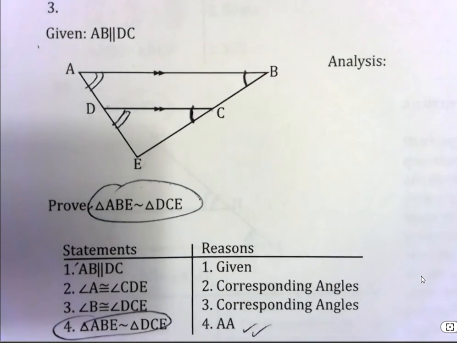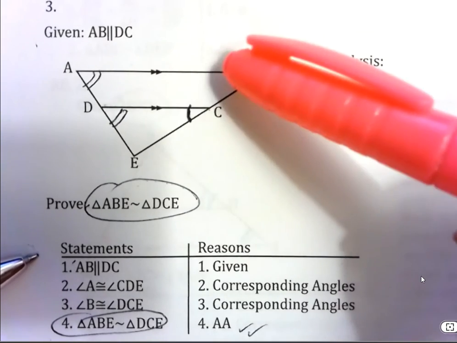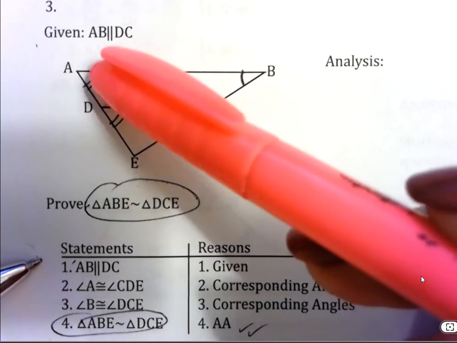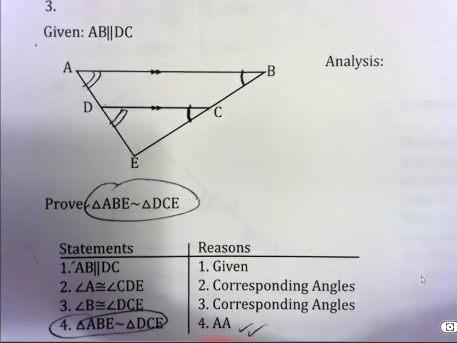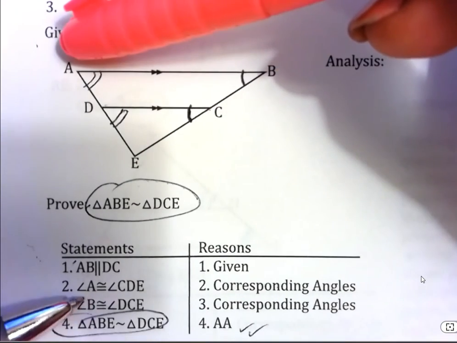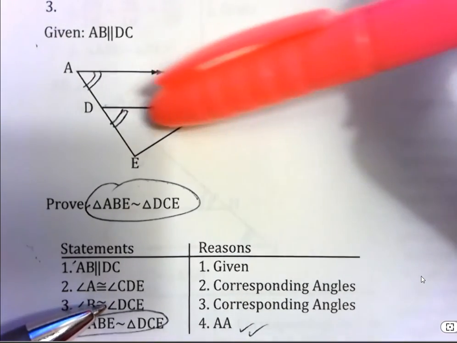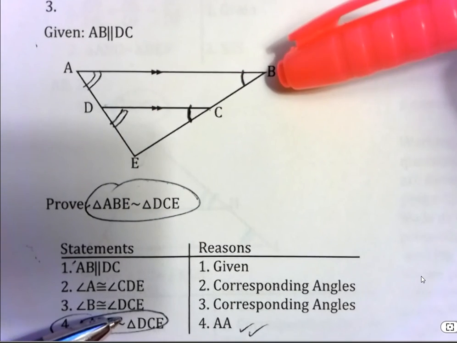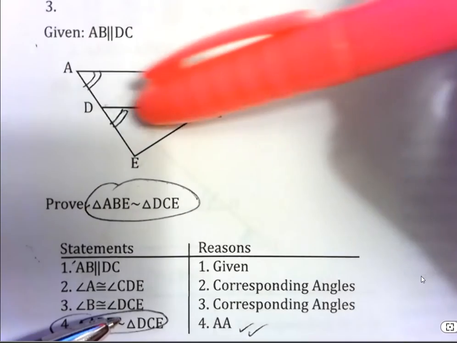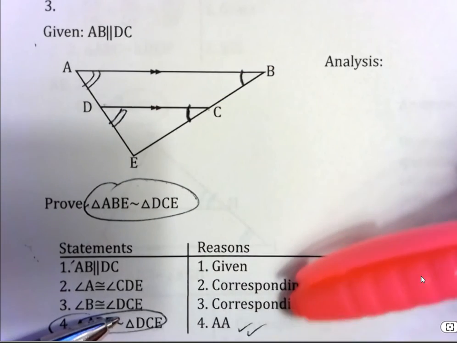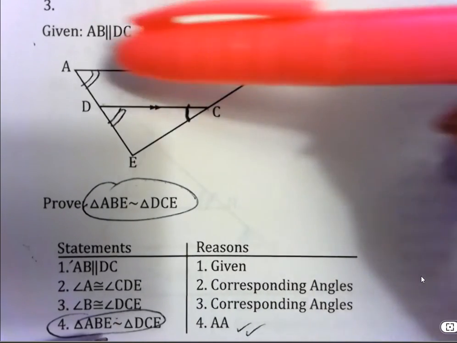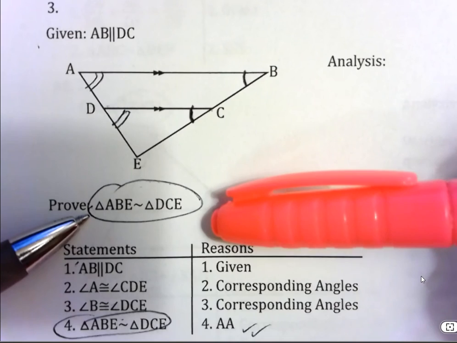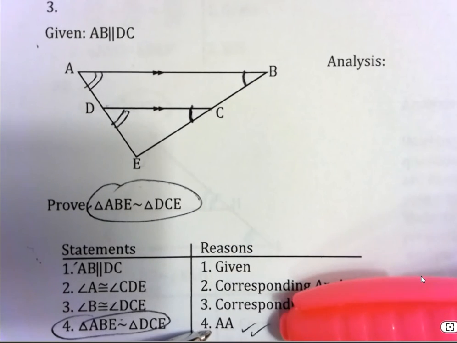From the given statement, because they're parallel, that makes these corresponding angles and these corresponding angles. So you need to write that down. Angle A is congruent to angle CDE, and angle B is congruent to angle DCE because they're corresponding angles. You now have enough information to prove your proof statement by the angle-angle postulate.